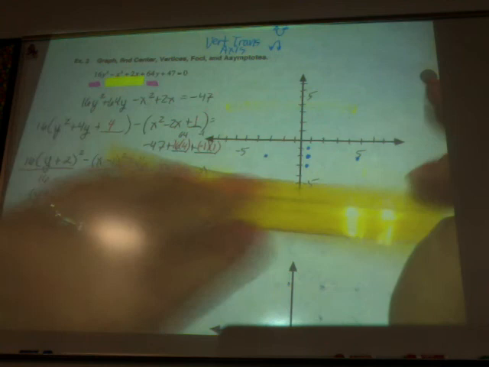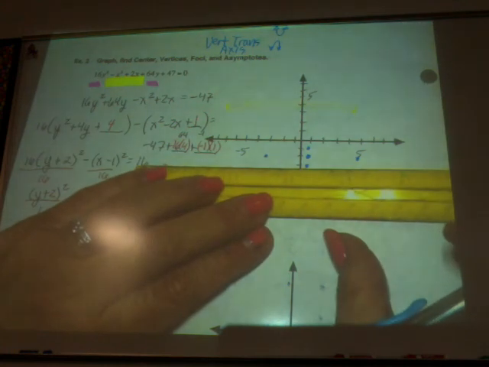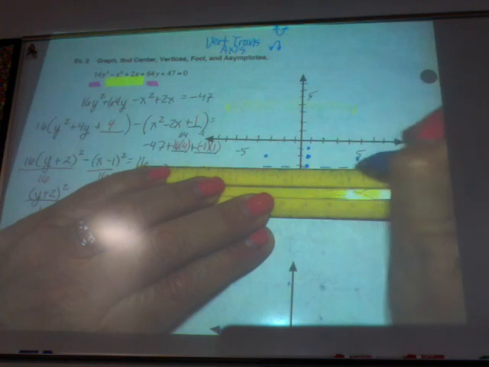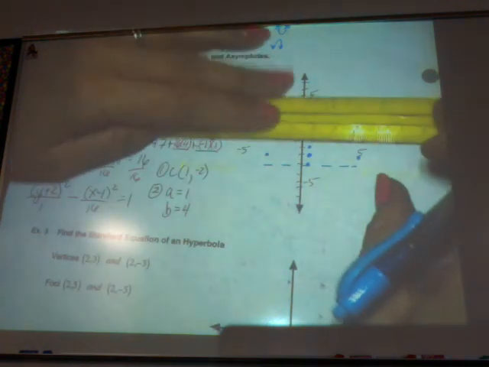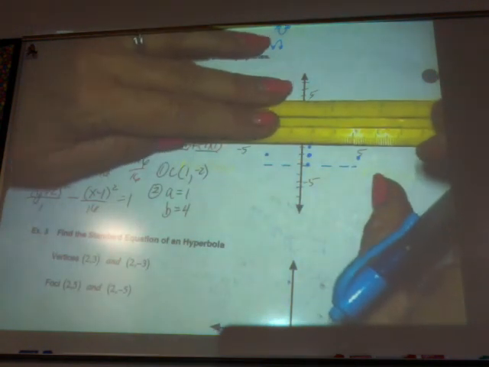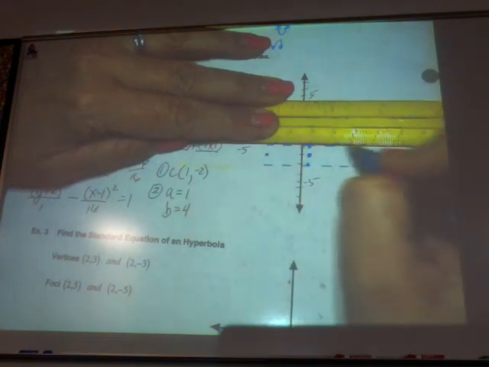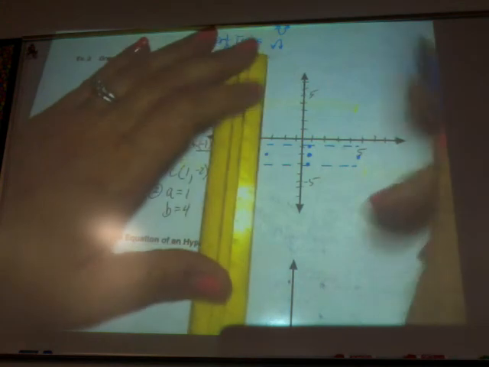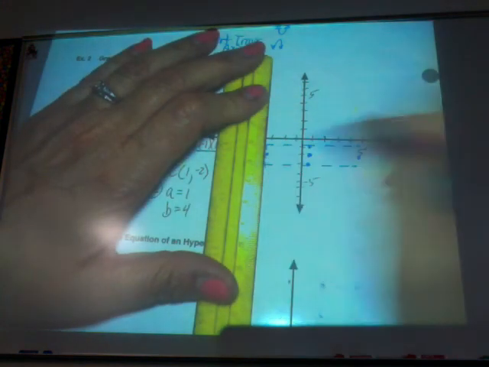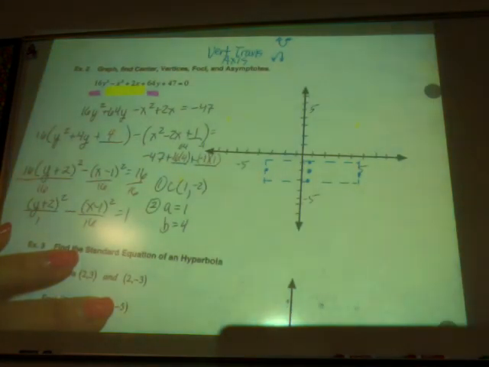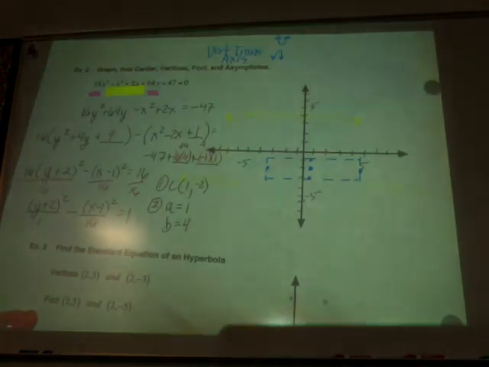Alright, so then make your box. So step 3 was to make that box.